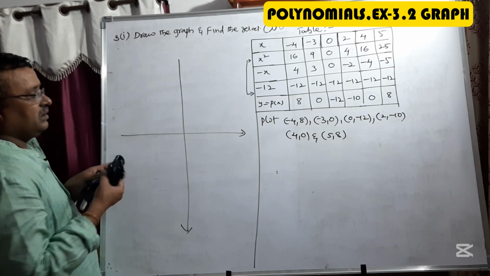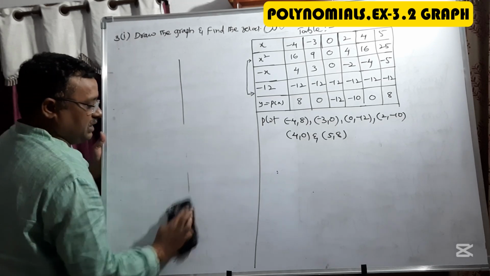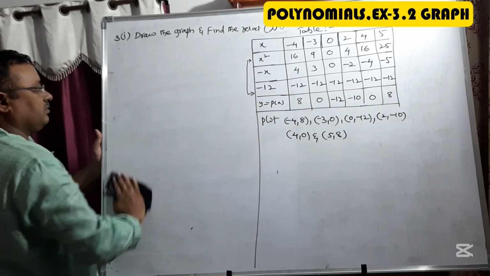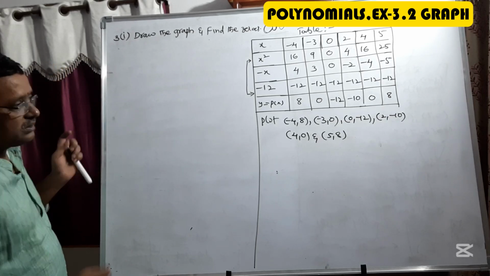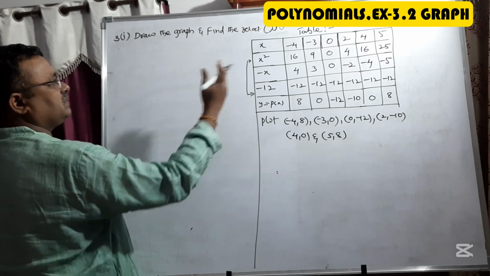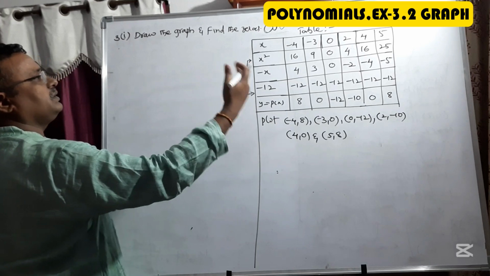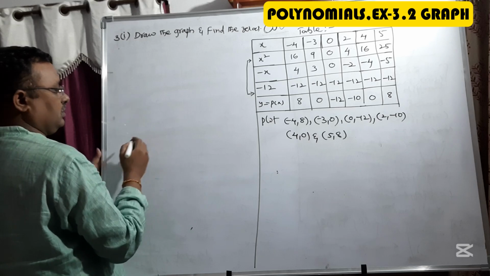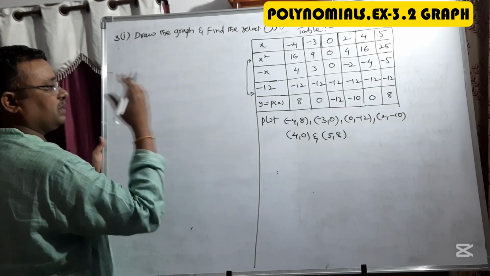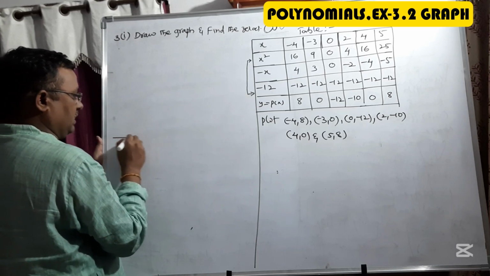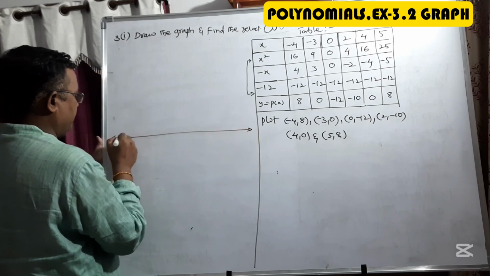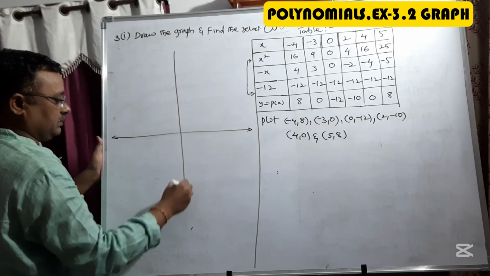You can change them, you can draw them according to your convenience. So for my convenience, I have negative x values, 0 and positive x values, and negative y values, positive y values. That's why I am drawing the x axis in the middle and the y axis also in the middle.